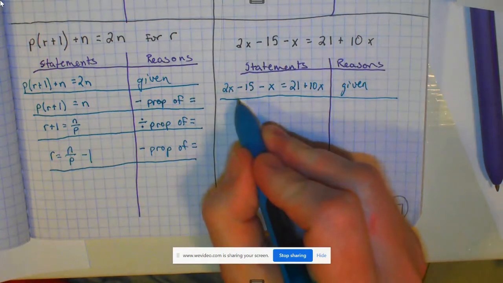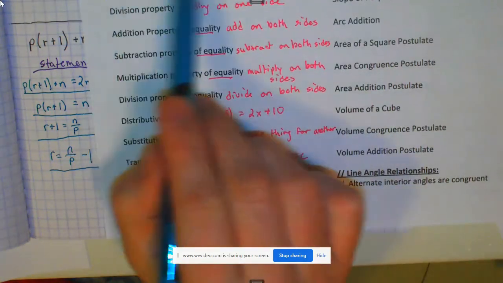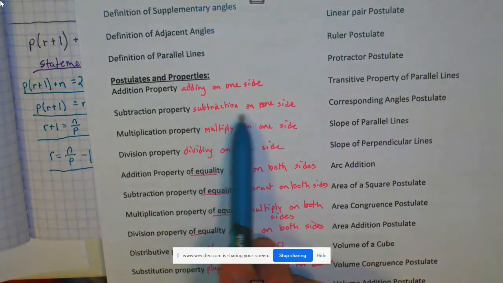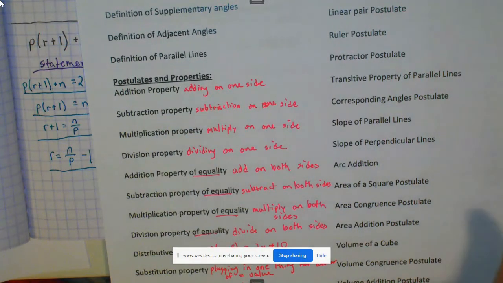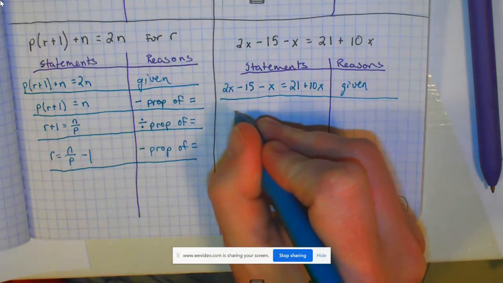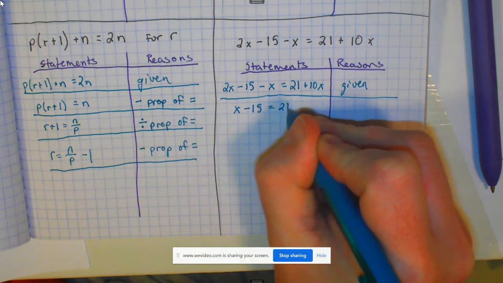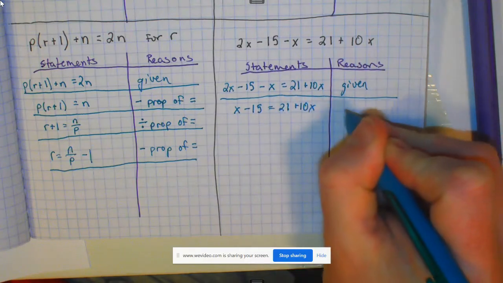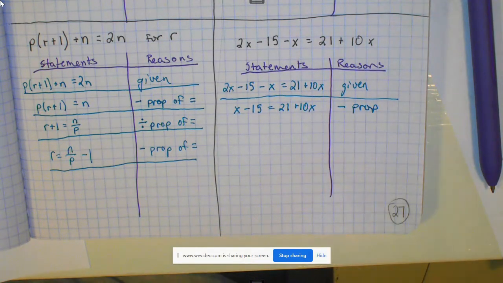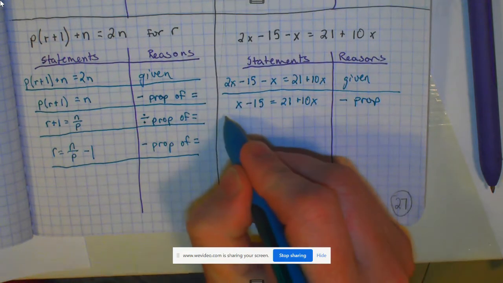And I'm subtracting here on the same side. Well, if I subtract on one side, that's just the subtraction property. So 2x minus x is x minus 15 equals 21 plus 10x. That is the subtraction property. It's not the subtraction property of equality. It's just the subtraction property because I did it on one side.